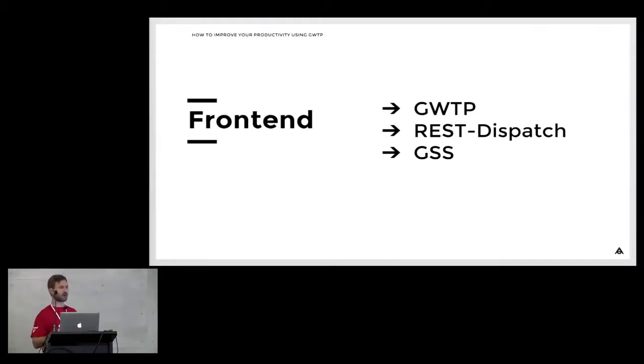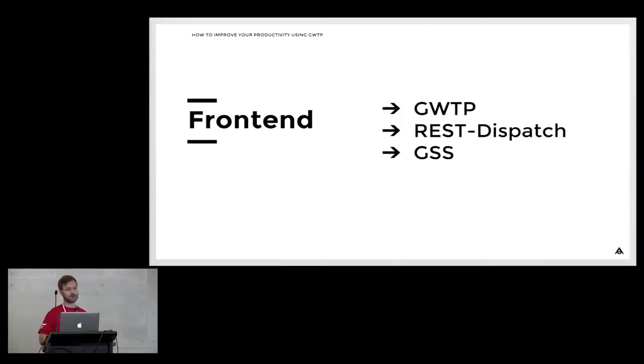RestyGWT is a great product, but we were used to the command pattern where we were able to build efficient client-side caching, using local storage or intercepting some of the calls we were making to the server to do even more with it.